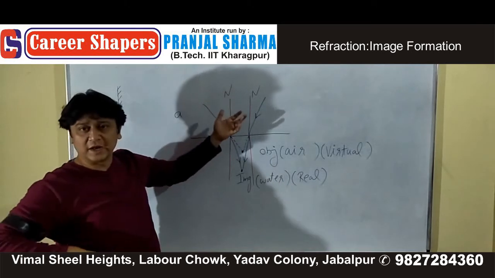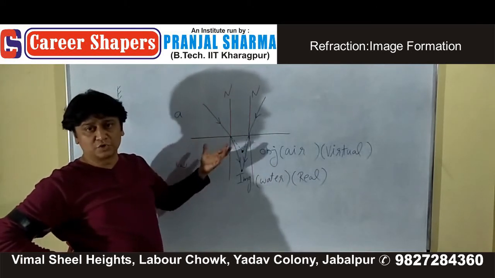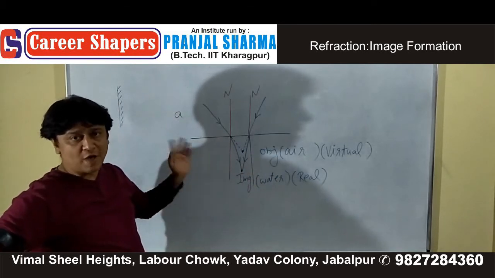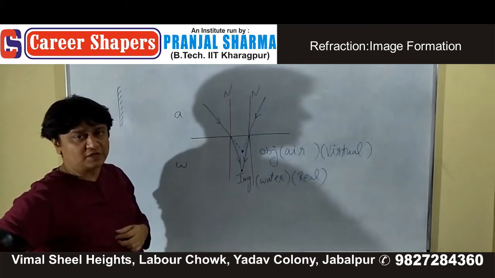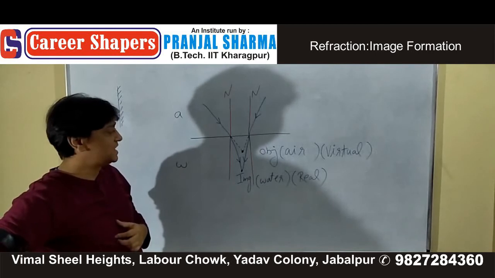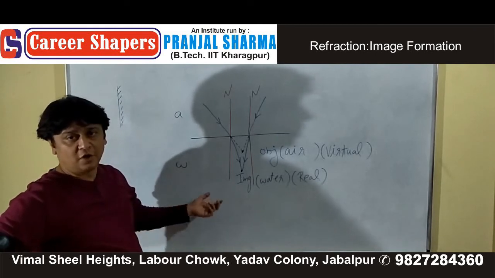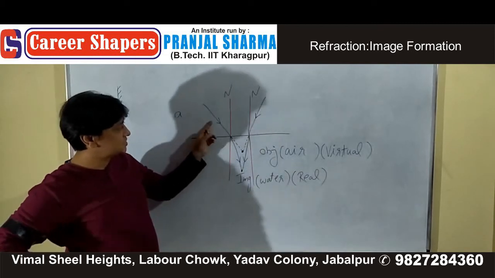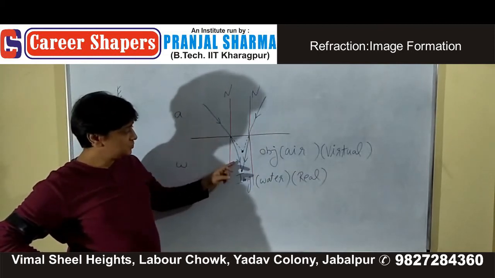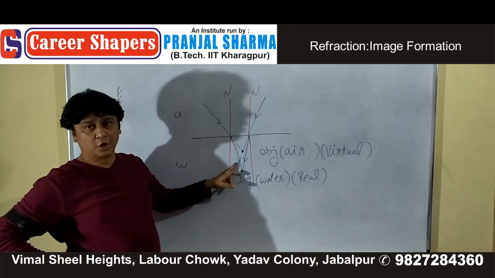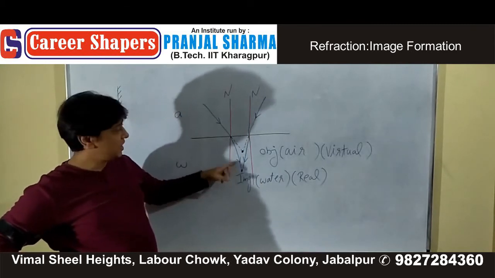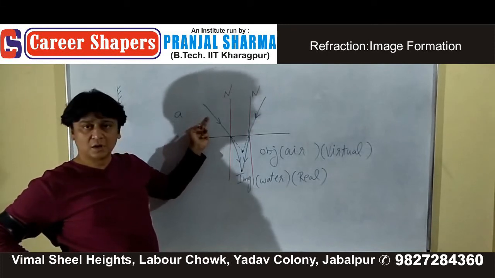Now, to someone, it may look something which is highly conceptual. But somebody who remembers the very first lecture of ray optics will simply say that it's nothing but application of the law of reversibility. Somebody says that this is the incident ray, this becomes the refracted ray. Law of reversibility says what? If this is the incident ray, then this becomes what?